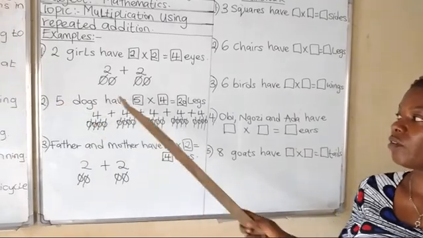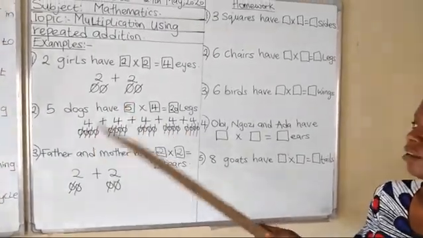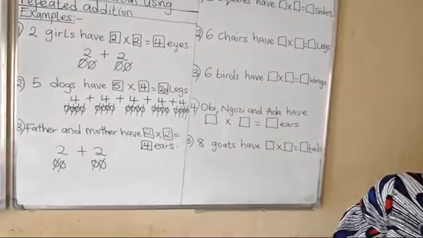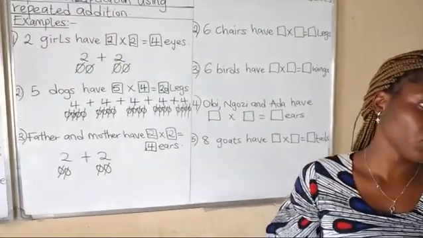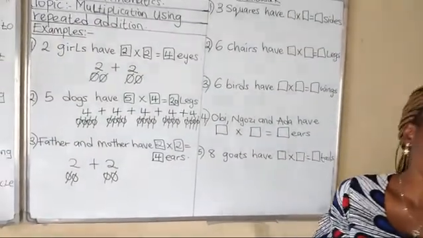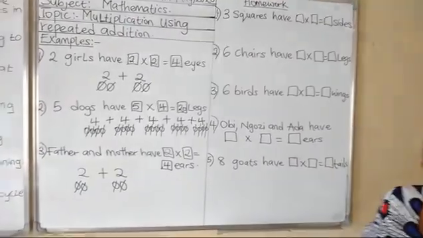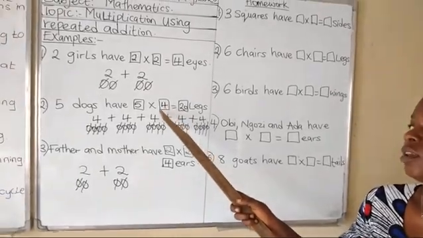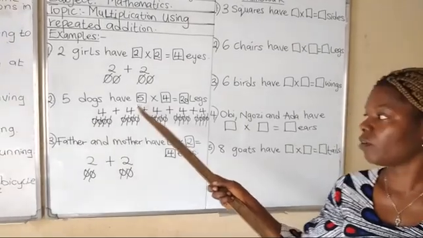You write the 5 in your first box. Everyone has seen a dog before, and a dog normally has 4 legs. You write the number of legs in this second box, and then you multiply it by 5.